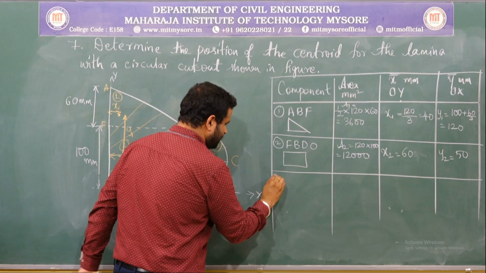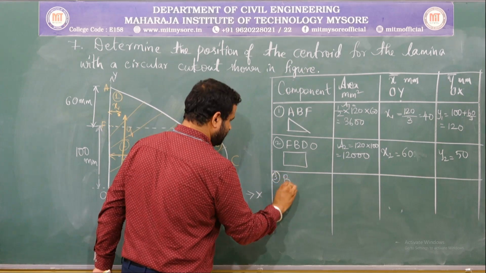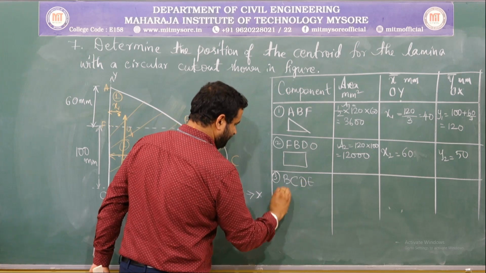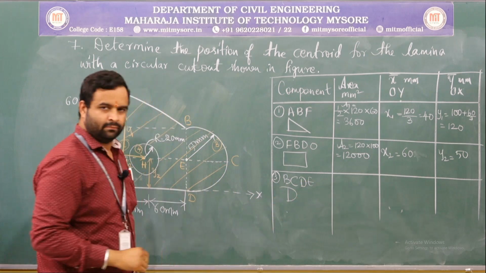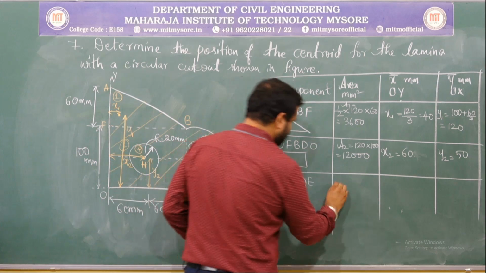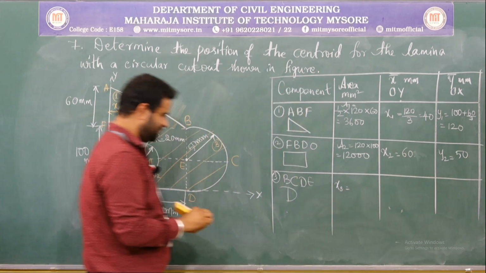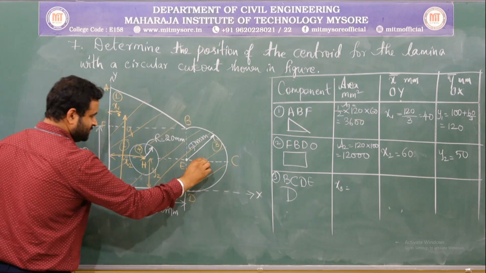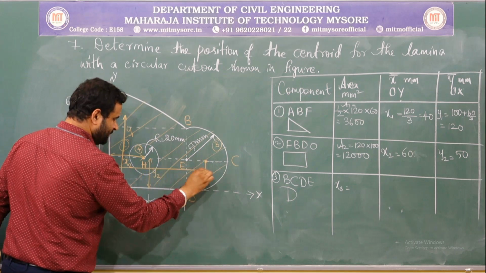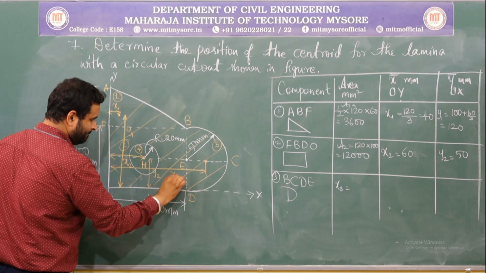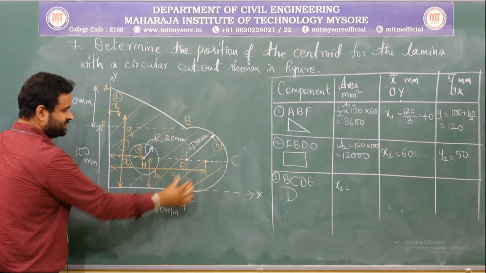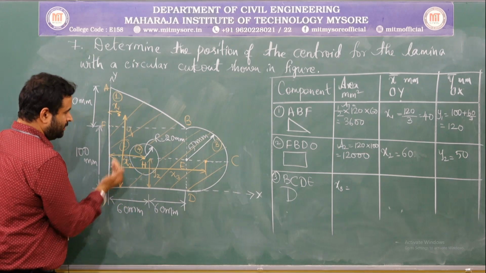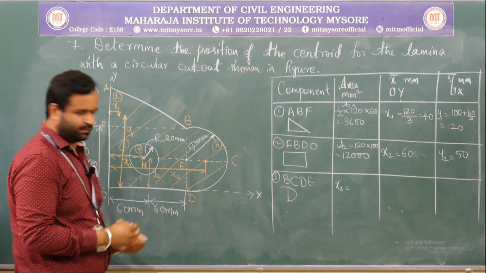And next, the third component is the semicircle BCDE. Now, x3 to be measured from OY axis. So, we know the centroid lies here. This distance is nothing but x3. We know only this part, which is nothing but 4r by 3 pi, but we measure it from this end, it will be 120 plus 4r by 3 pi.